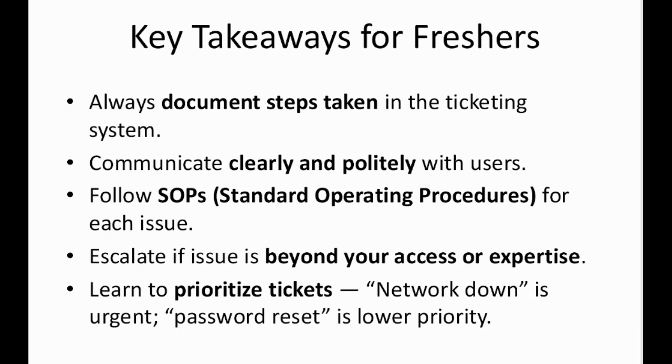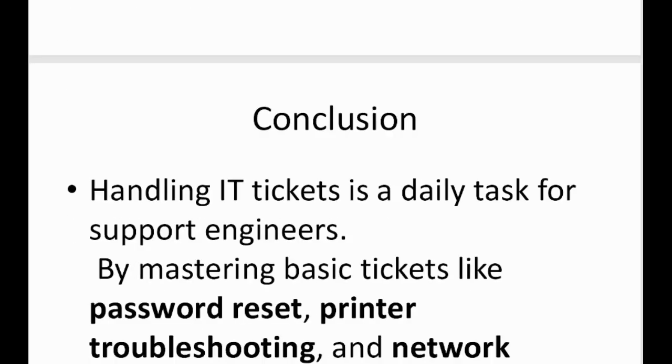So first you have to take action to resolve the network down issue. Then you go for the next issue, the password reset, because it is lower priority. In this way you can resolve the issues.